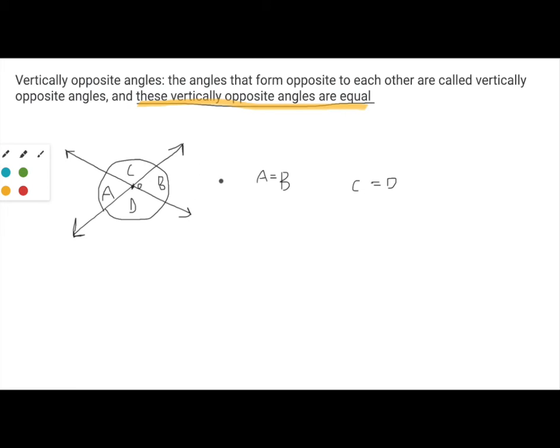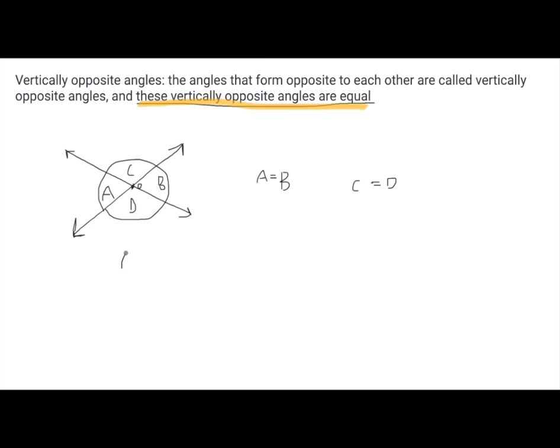Another thing which is interesting to note is that since C plus B together form a straight angle, B and C are supplementary, and A and D are supplementary. And in fact, B and D are supplementary, and A and C are supplementary.